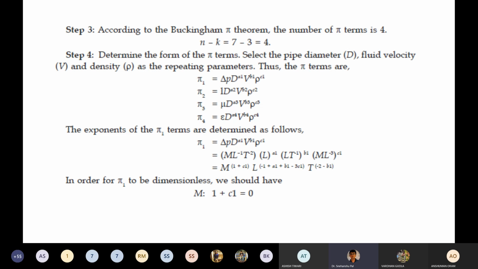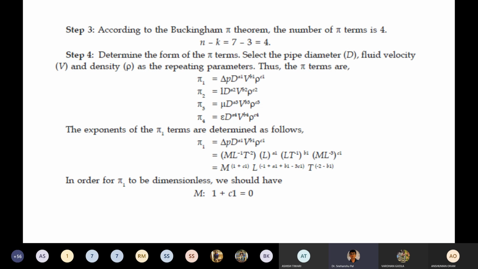The Buckingham pi theorem tells us that if n is the number of variables influencing the physical problem, and k is the number of basic dimensions with which you can represent all variables, then n minus k will be the number of pi terms, meaning dimensionless terms. So n minus k means 7 minus 3 equals 4.